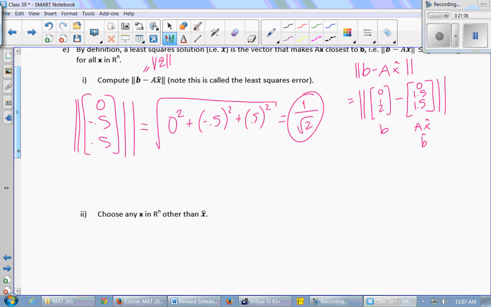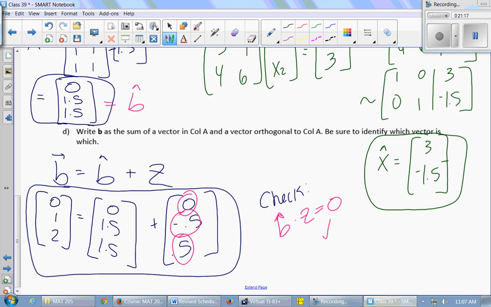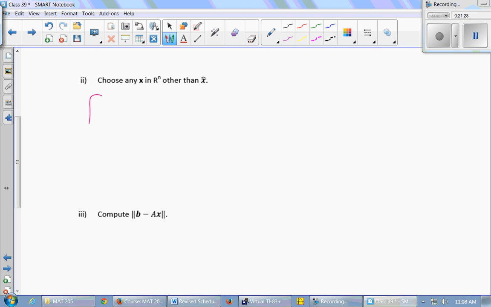All right, so pick any X in R2 other than X hat. X hat, remember, was 3, negative 1.5. So give me any X in R2, except that one. 2, 5. Okay, 2, 5. Any random X other than X hat. And I want to compute the distance from B to AX using this X I just picked.